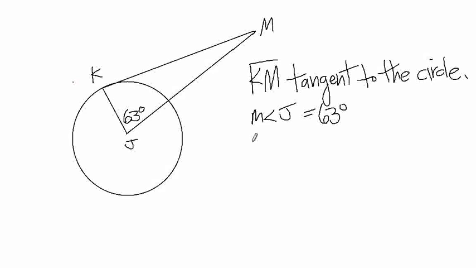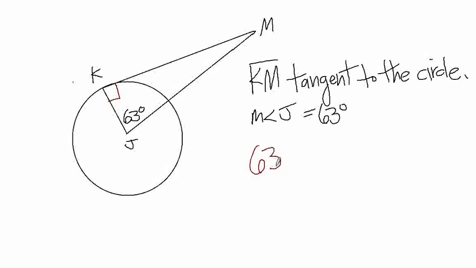Pause the video and see if you can determine that, please. Okay, so I'll go ahead and do it. So we know that the radius to the point of tangency, JK, is perpendicular to line segment KM. So we have a right triangle, and we know that the measures of the angles add up to 180 degrees.